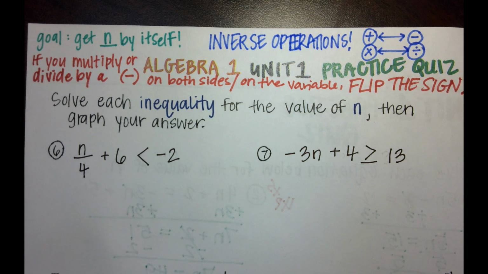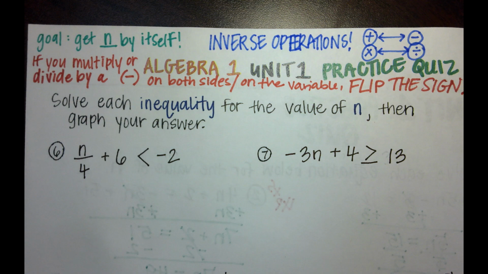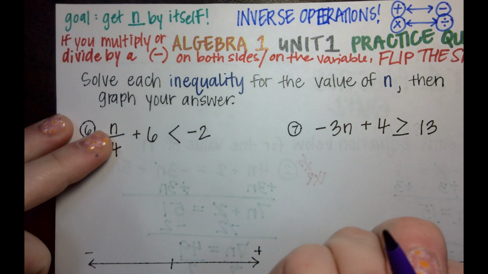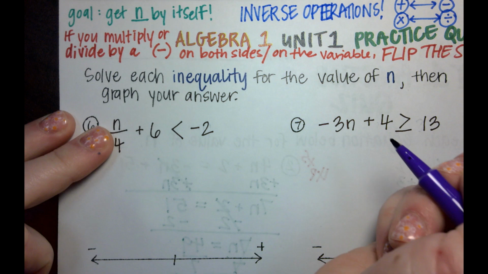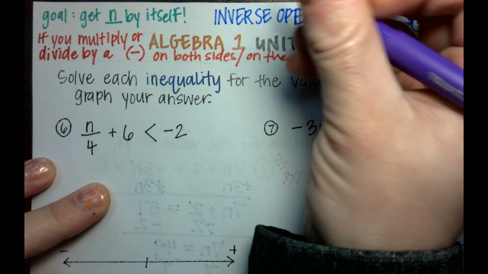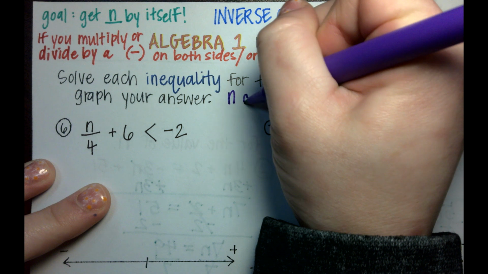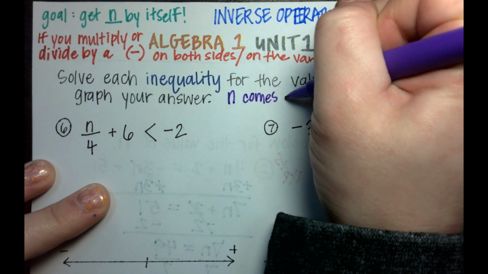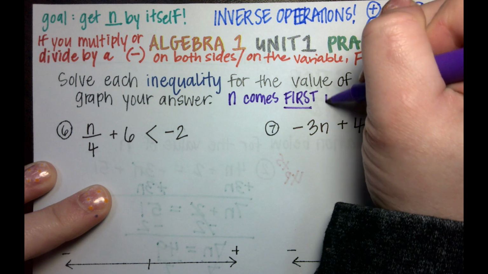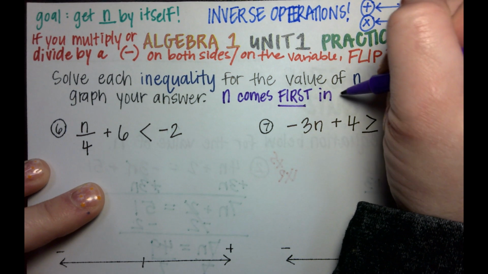We would flip it. So we want to make sure in our answer, n comes first. So, where should I write that? Put it down here. N comes first in our answer.